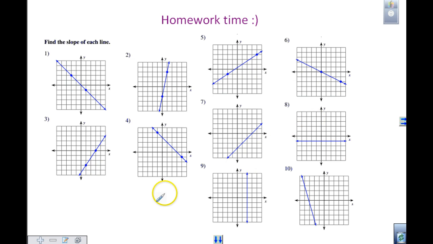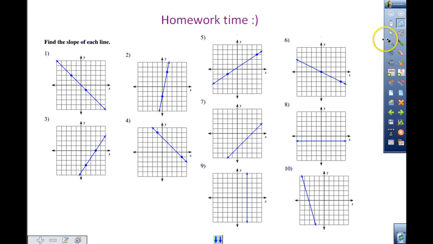But let's give a little review on how you find the slope without graphing. Actually, let's just stop it there. Have you guys work on the front, and then we'll get back in about 10 or 15 minutes.